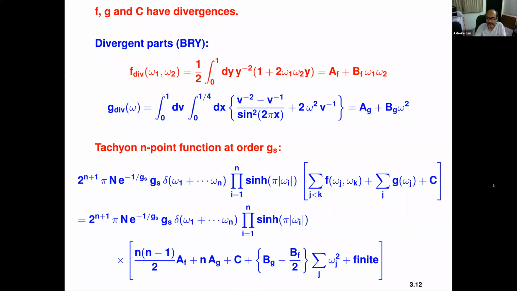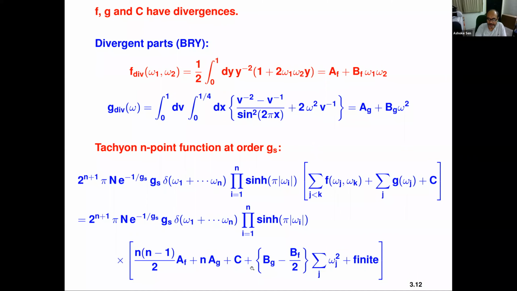Now this term, the omega i omega j or the omega j square, these actually combine into one term, and that's because of the energy conservation. Because eventually you know that you have energy conservation, and because of this energy conservation, it's easy to see that the sum over j less than k, omega j omega k, is in fact nothing but minus half sum over j omega j square, right? Because the square of the sum of all these is 0.